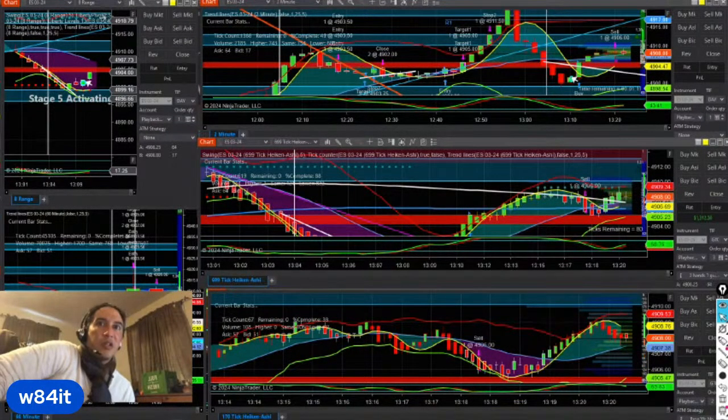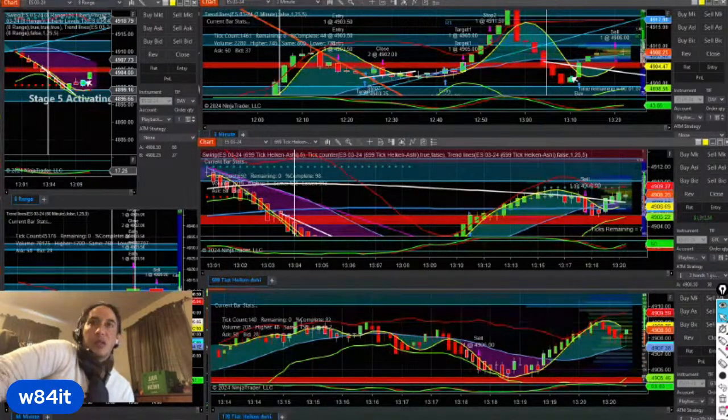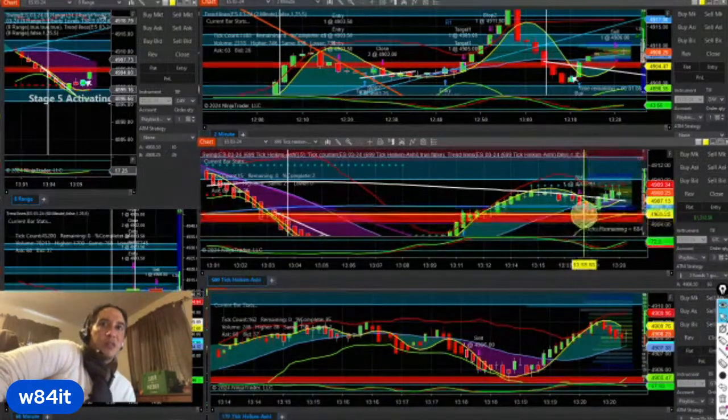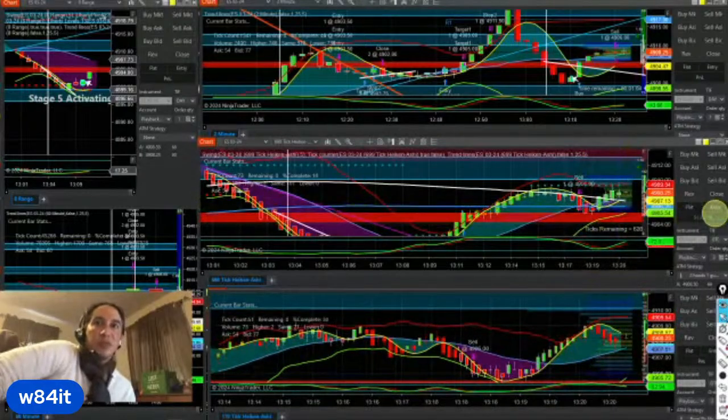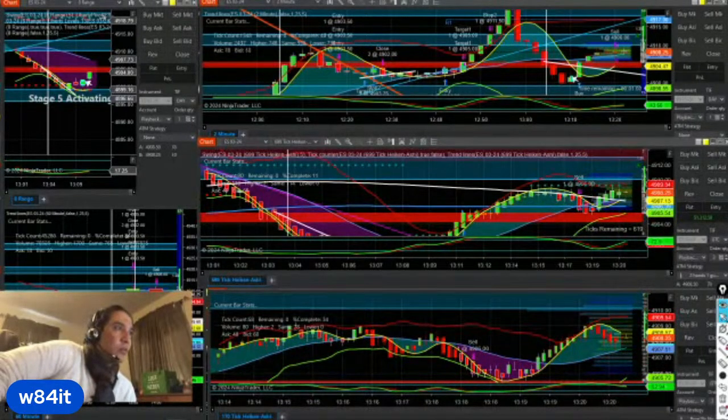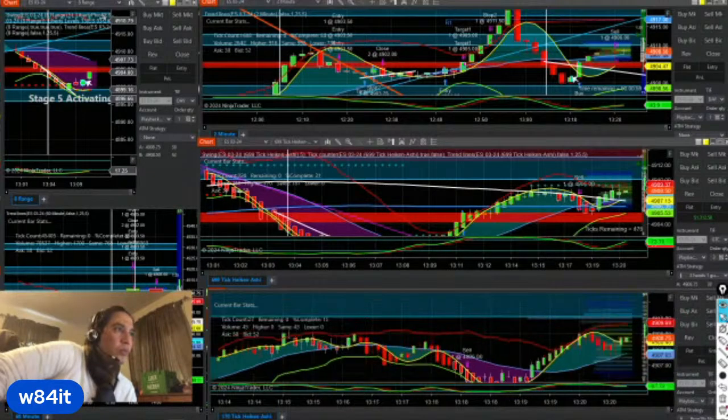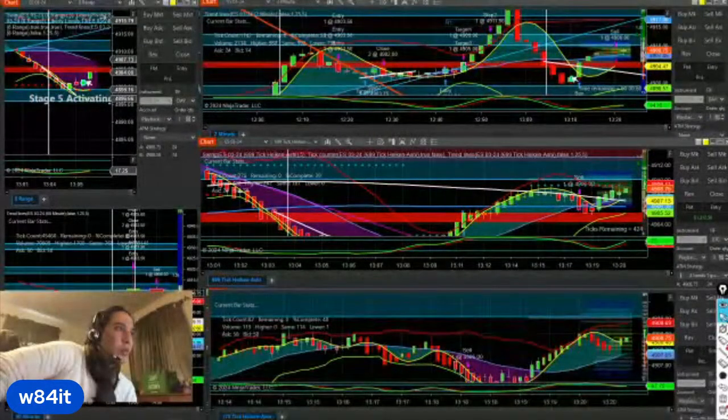Still prodding. And we're bouncing off of this zone right here, and it's a first touch rule from right there. So looking for the reaction coming out.